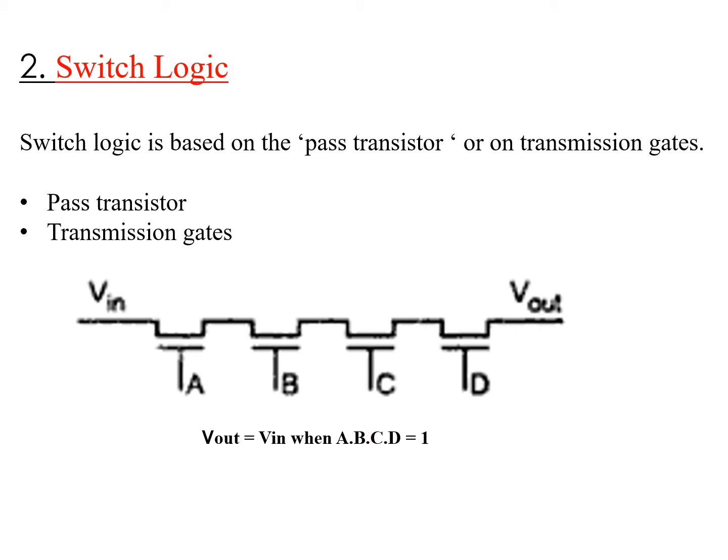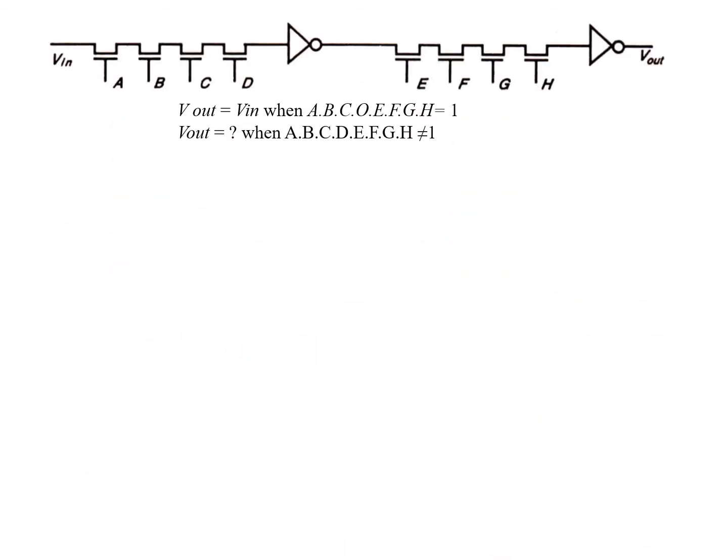Now going for the next example. Here one more example I have taken, that is with respect to a simple 4 MOSFETs along with the inverter. Now in this particular case, you can just check here.